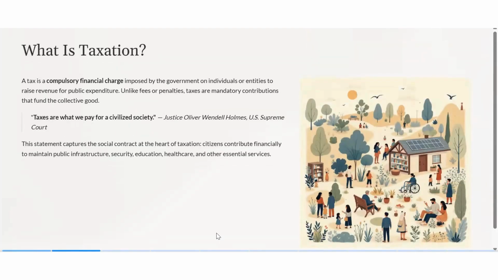Before going to the principles, we should know what is the meaning of taxation. How do we understand the definition and meaning of taxation? So, a tax is a compulsory financial charge imposed by the government on individuals or entities to raise revenue for public expenditure.